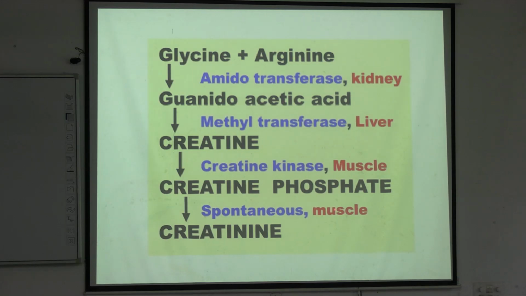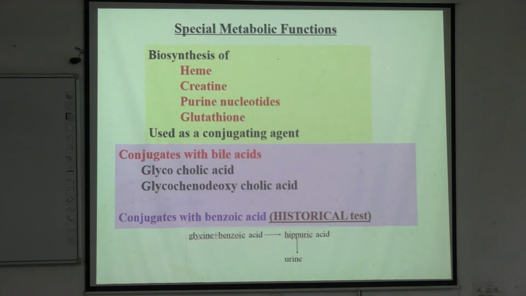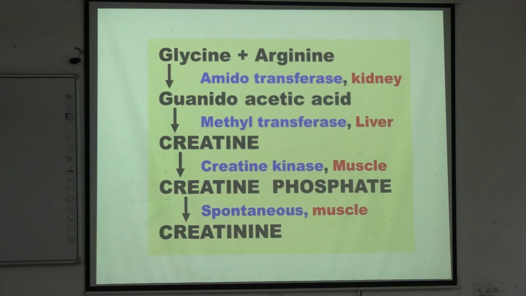The creatinine formation is a spontaneous one, but creatine phosphate is present in the muscle. Now, one important part is that since the body muscle mass is usually fixed, in a given individual the creatinine level in blood remains almost stable. It is a very useful parameter.